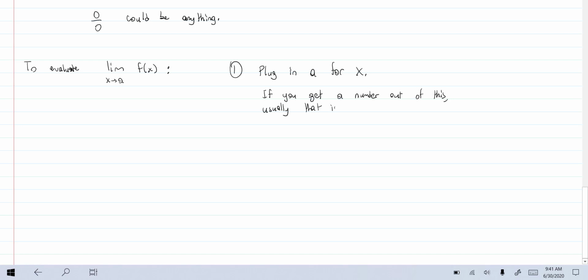Usually that is going to be the answer. Example being like if you have the limit as x approaches 2 of x squared, just plug in 2 for x, the answer is 4. If you get 0 over 0 when you plug in a for x, then you've got to do a bit more work. We're going to, again, examine that more closely in the next video.